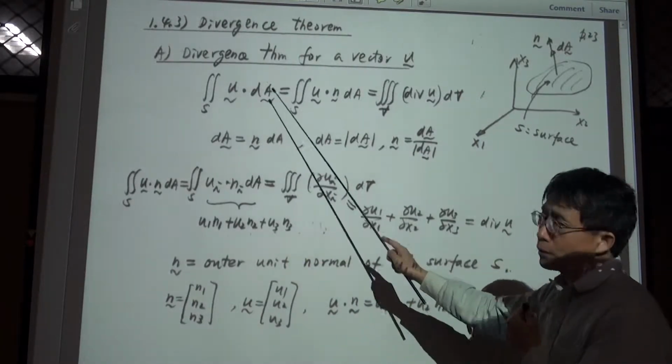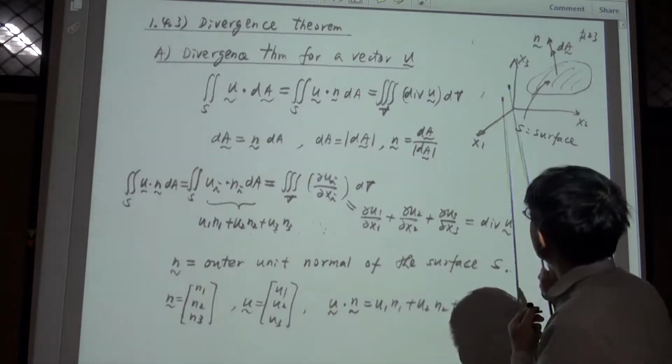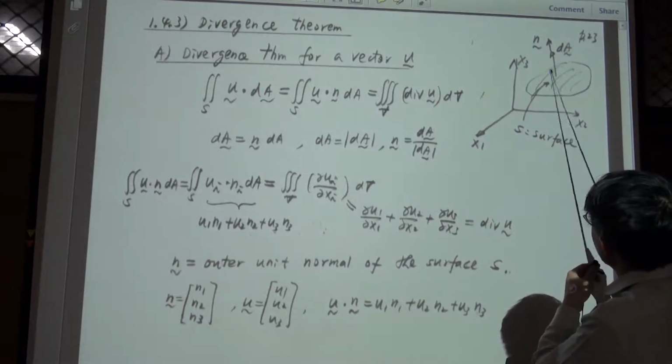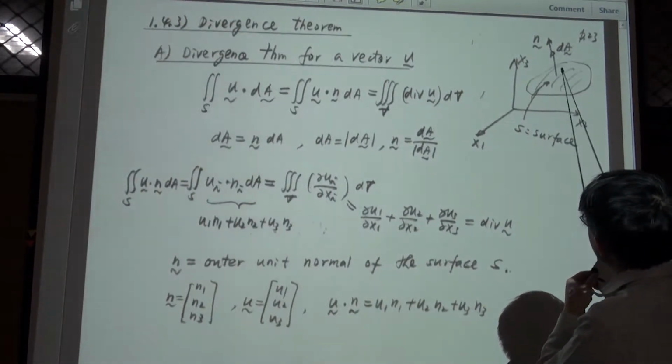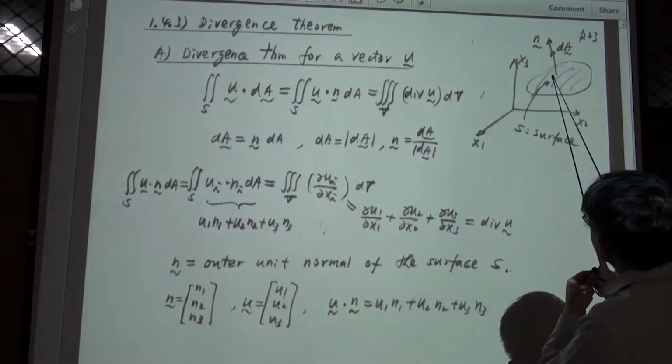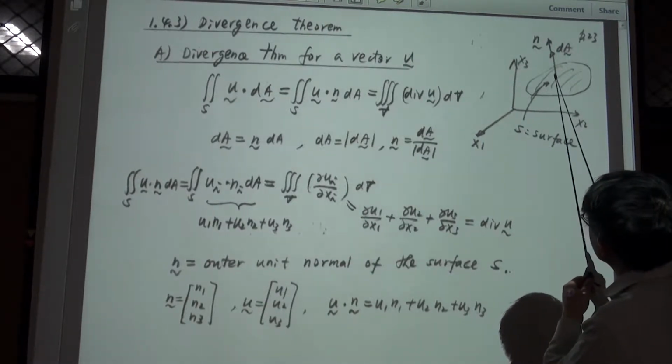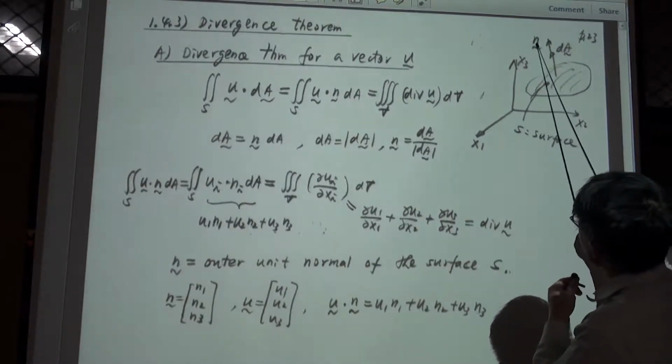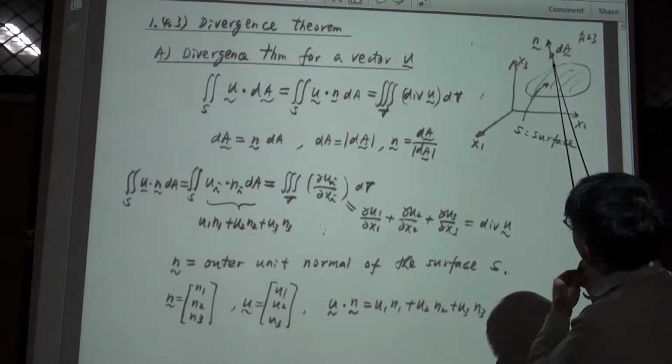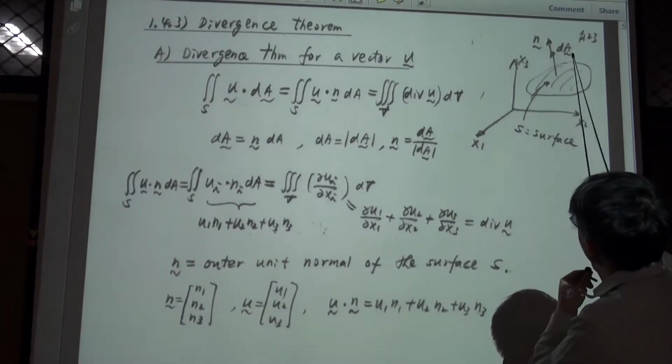Okay, let us look at the geometrical picture here. For example, in the three-dimensional space, we have a closed surface. On this closed surface, we have a unit outer normal, little n, and also we have an area vector dA here.